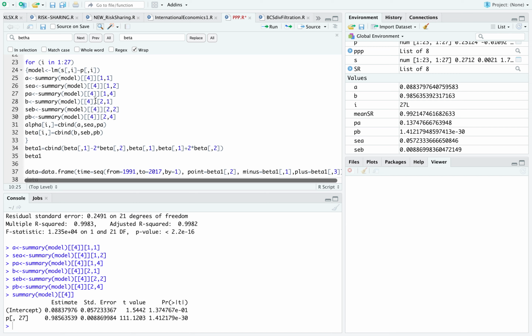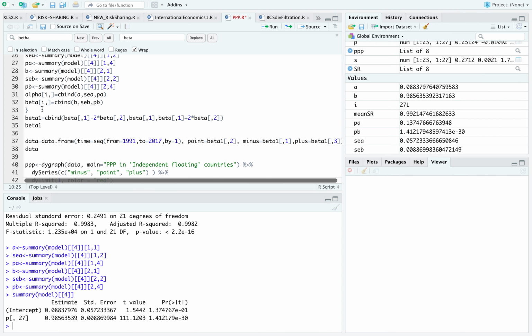I've taken out all those parameters and put them inside these two objects. But for us, of course, the most important thing is coefficient beta: whether coefficient beta is equal to 1, and of course how certain we can be of that.